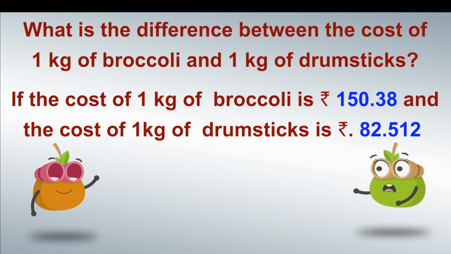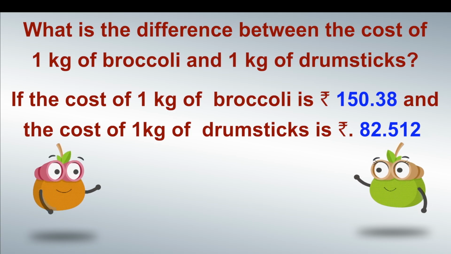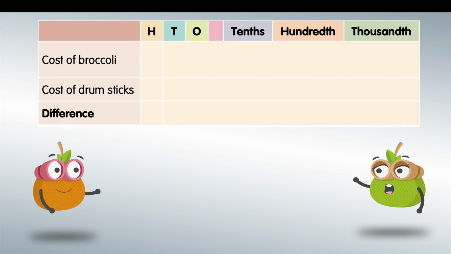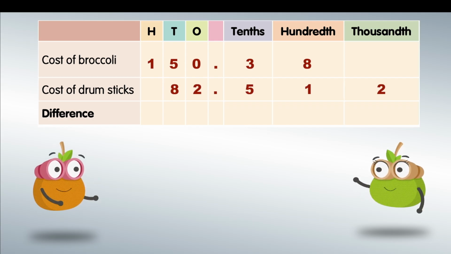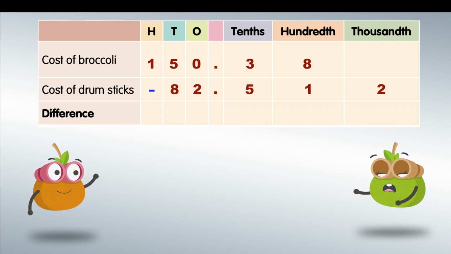If the cost of 1 kg of broccoli is Rs 150.38 and the cost of 1 kg of drumsticks is Rs 82.512, to find the difference between the cost of 1 kg of broccoli and 1 kg of drumsticks, we will subtract the cost of drumsticks from the cost of broccoli, as we always subtract a smaller number from a greater number.